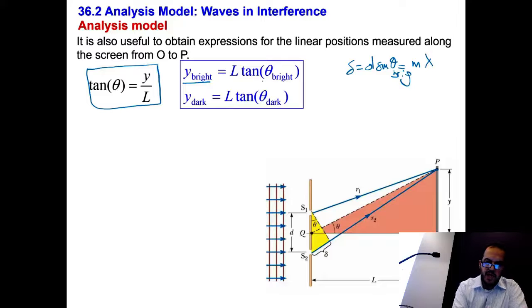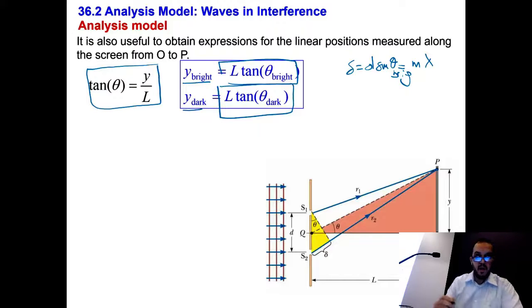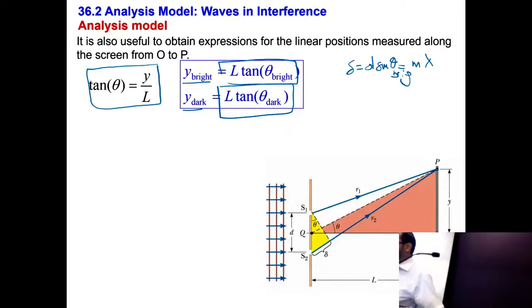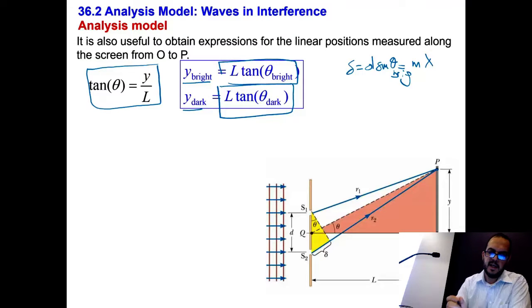So y is equal to L tangent theta for the bright spot, and likewise for the dark spot. So I can determine the positions of the dark spots and the bright spots from this. If I know the angle theta for the bright spot and I have L, I can determine the position of the bright spot using this equation.